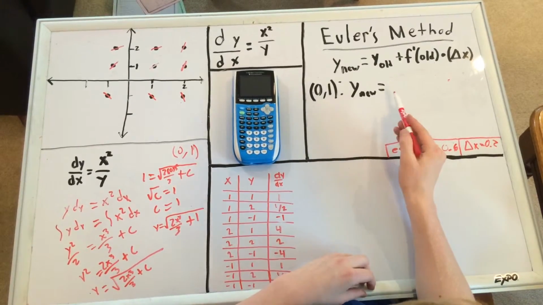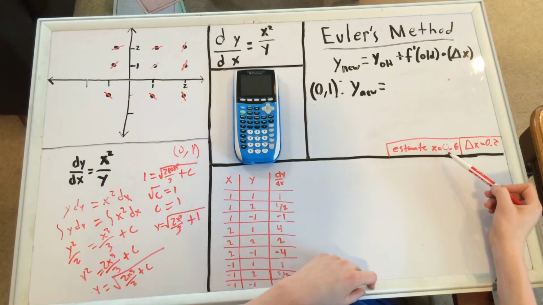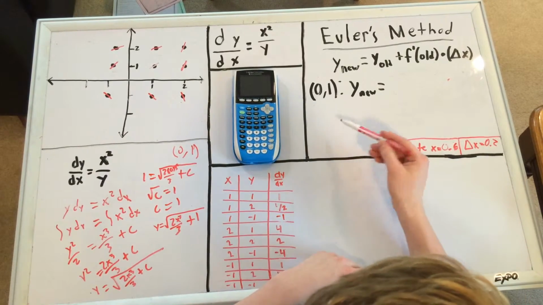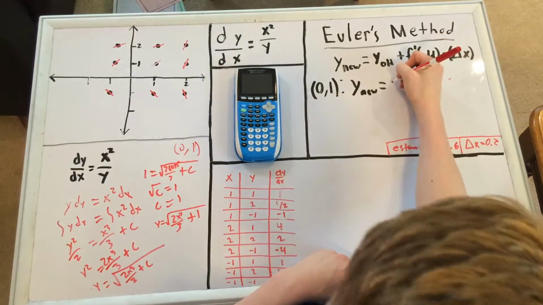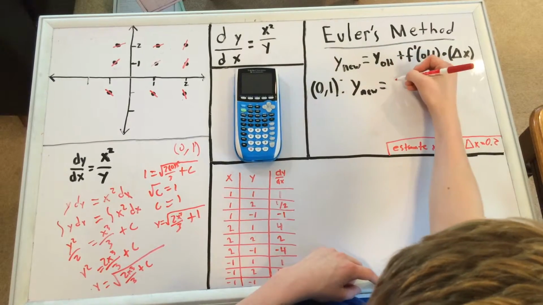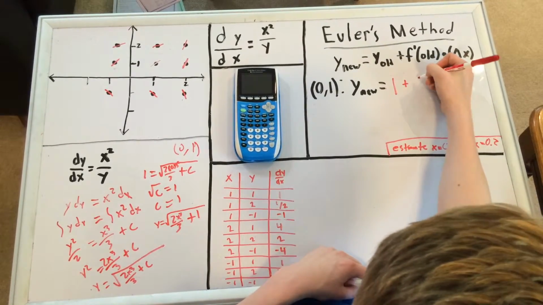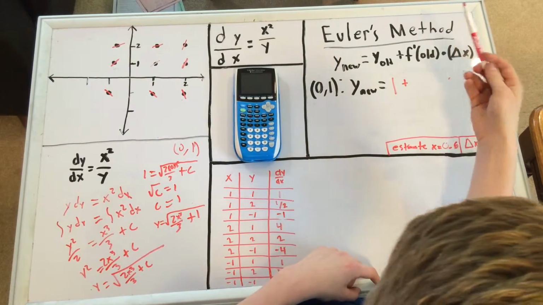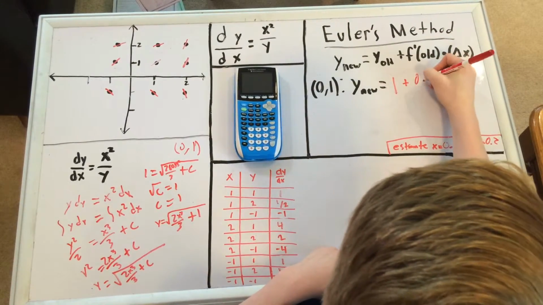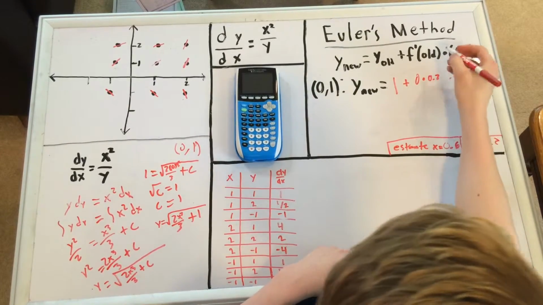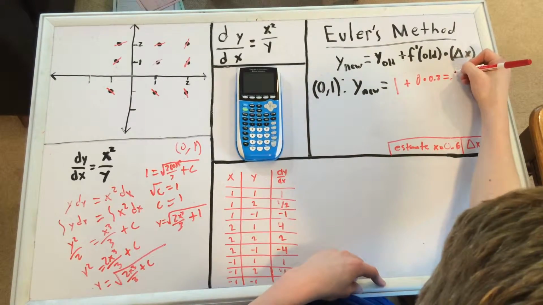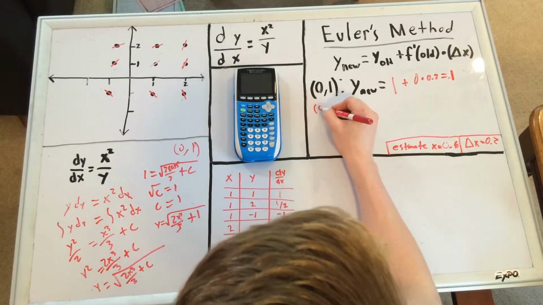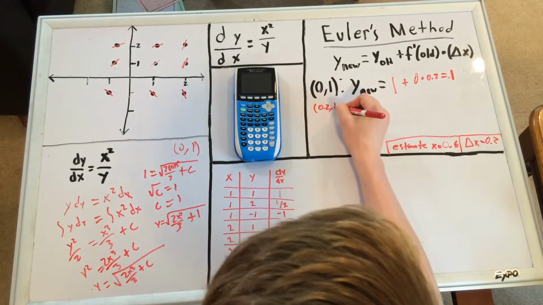Now we will use Euler's method with our differential equation to estimate 0.6 with a step size of 0.2 using 3 steps of this. So our y old value starting at (0, 1) is 1, plus the f prime value at that point, so 0 squared divided by 1 will just equal 0, so we'll get 0 times 0.2, which will turn out to be 0, so the new y value is going to equal 1. So our new point is (0.2, 1).